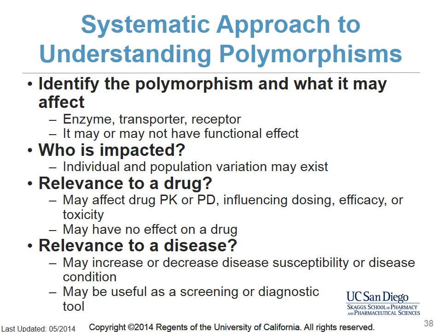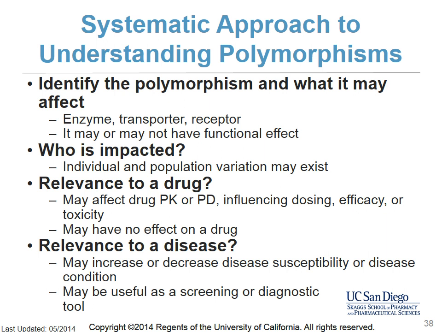Effective application of pharmacogenomic principles to clinical practice will require that we implement a systematic approach to understanding polymorphisms. First, we must identify the relevant polymorphism and what it may affect. It may alter a specific protein, such as an enzyme, transporter, or receptor. Alternatively, no functional effect may occur. Second, we must identify which patients are impacted.